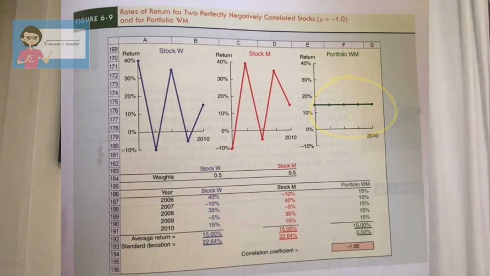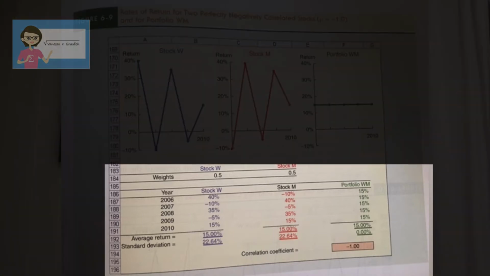The average return will not change, but the standard deviation for stock W is 22.64 and for stock M is 22.64, but when you combine both, assuming the correlation between them is -1, all the risk disappears. Obviously, this is only in the book. In real life this does not happen, because it would be extremely difficult to find a correlation coefficient equal to -1 between two stocks, because nature is not as perfect as the book.